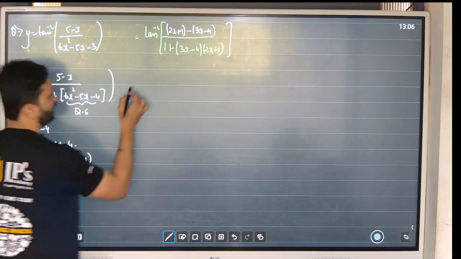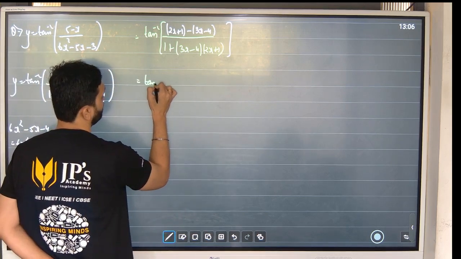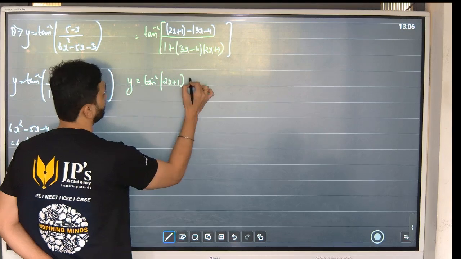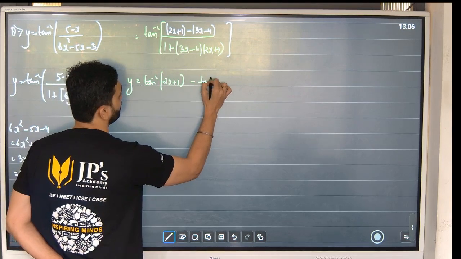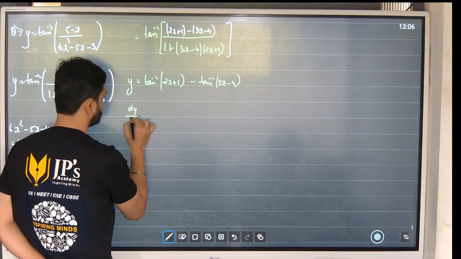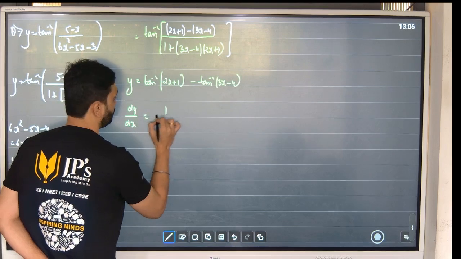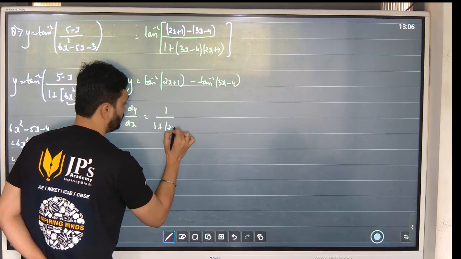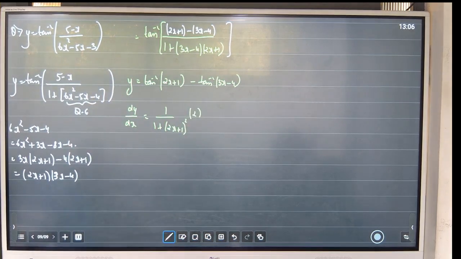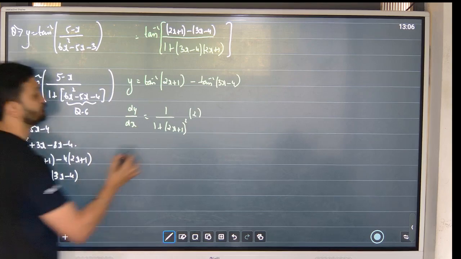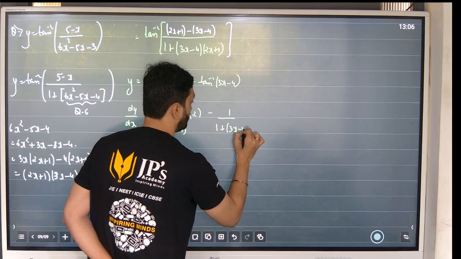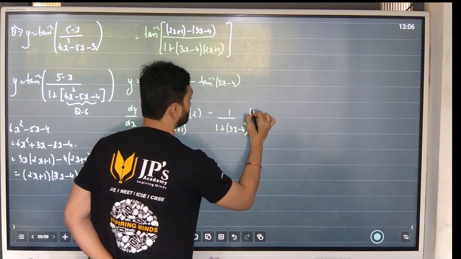So what is the formula? What will the answer be? Tan inverse of (2x plus 1) minus tan inverse of (3x minus 4). And guys, if I differentiate this, 1 upon 1 plus (2x plus 1) the whole square into 2, minus 1 upon 1 plus (3x minus 4) the whole square into 3.